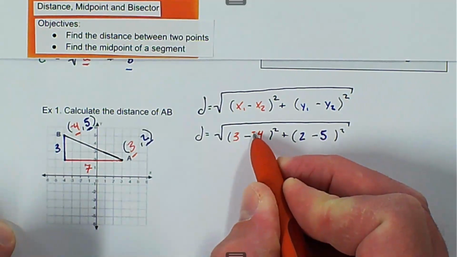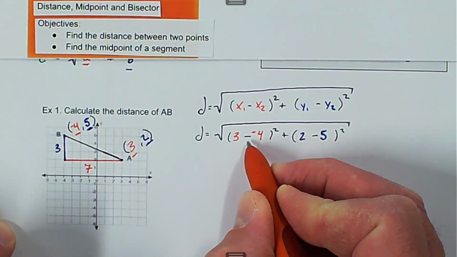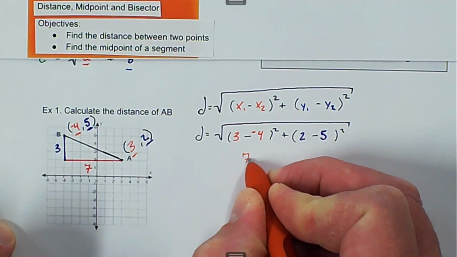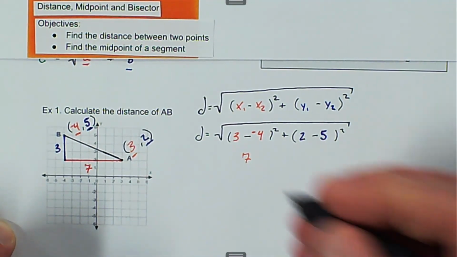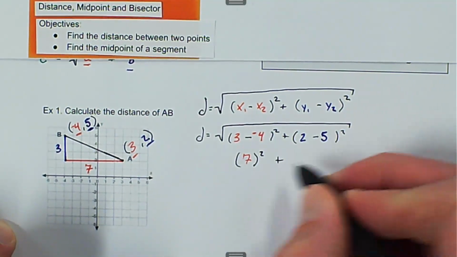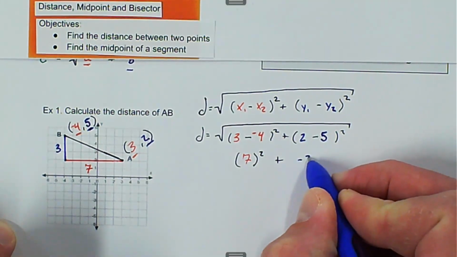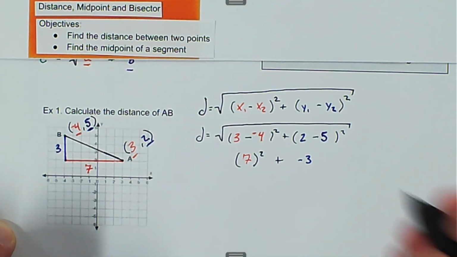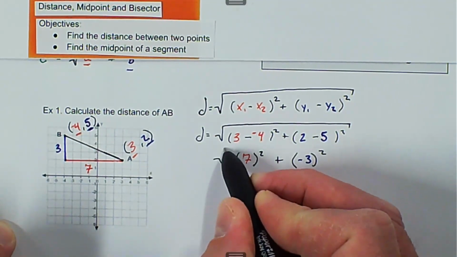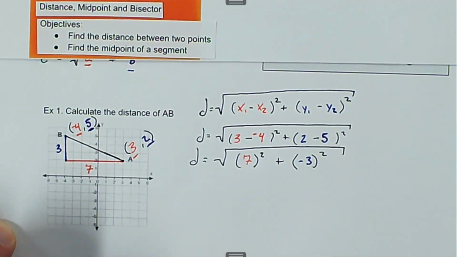So 3 minus a negative 4 is actually adding. So 3 plus 4 is 7. And we still want that to be squared. And then we're going to do 2 minus 5, and 2 subtract 5, that's going to be negative 3. And I put these parentheses on here on purpose to make sure that if we ever have a negative value, we include that in the square.